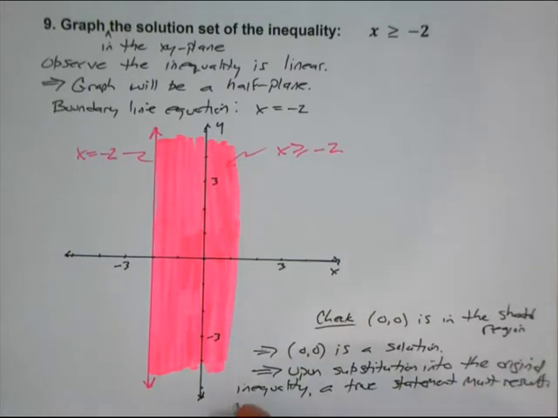Okay, let's try it out. 0 and 0. 0 goes in for x, greater than or equal to -2. Looks true. Just what we wanted to see. Okay, done.